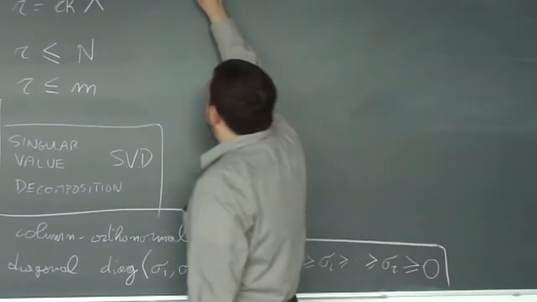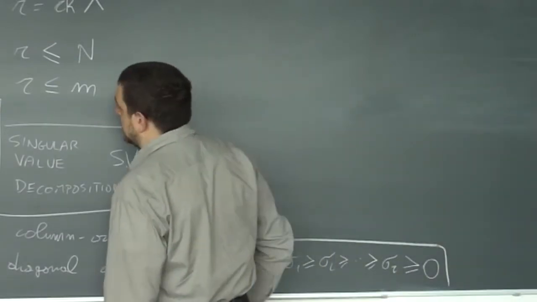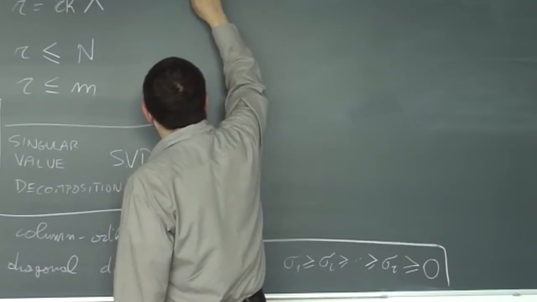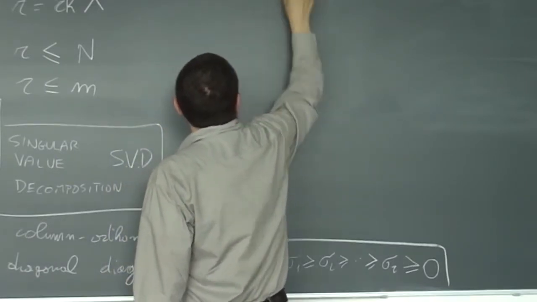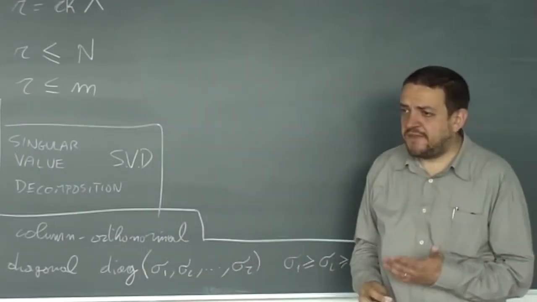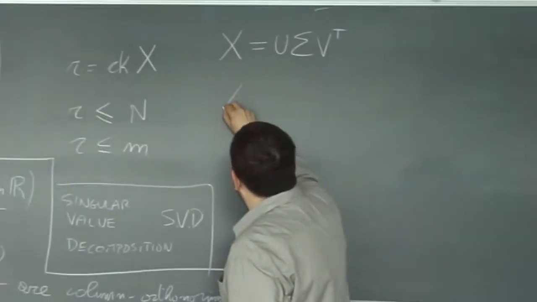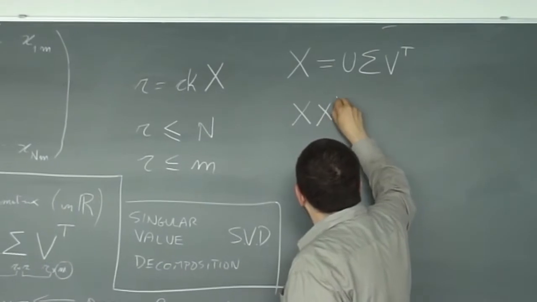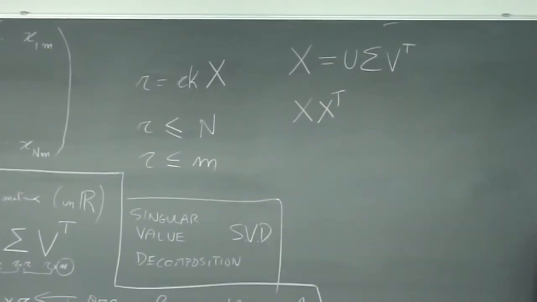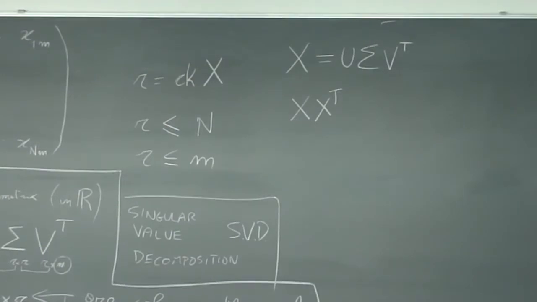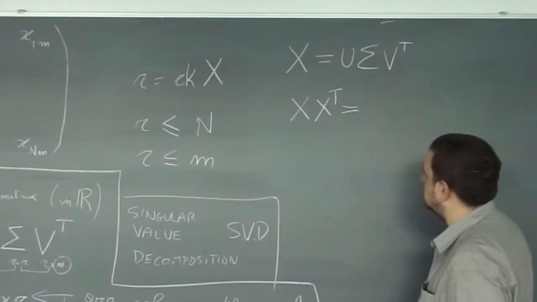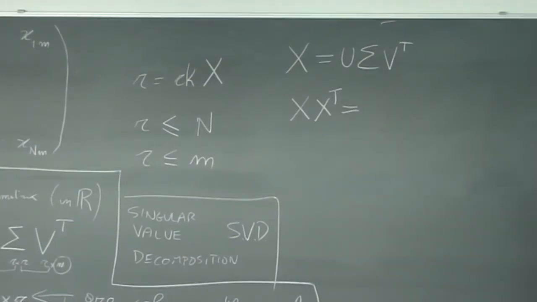Actually, if this decomposition exists, so if we can actually write X as U sigma V transpose, then what is X transpose?